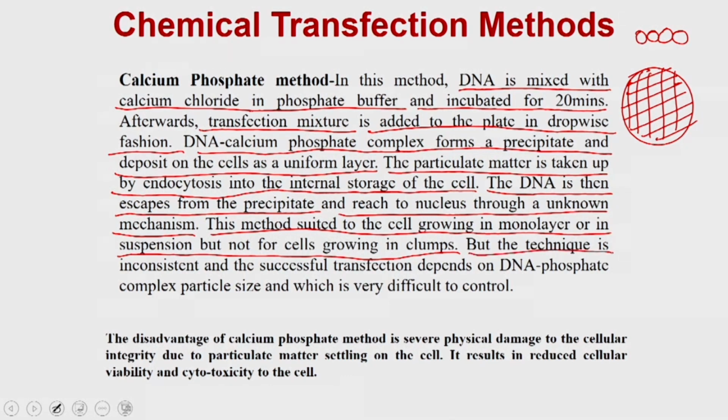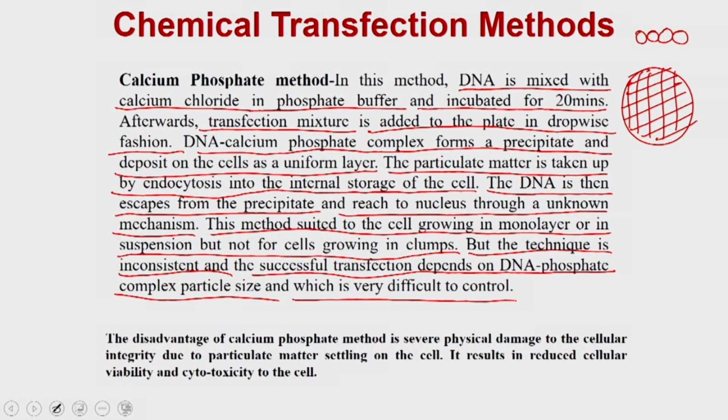But the technique is inconsistent and successful transfection depends on the DNA phosphate complex particle size, which is very difficult to control. One major drawback of this technique is that it is only suitable for adherent cells, the cells which form a monolayer, or suspension cells.